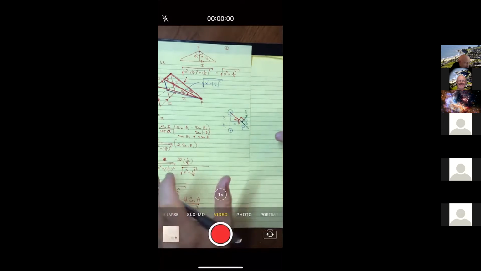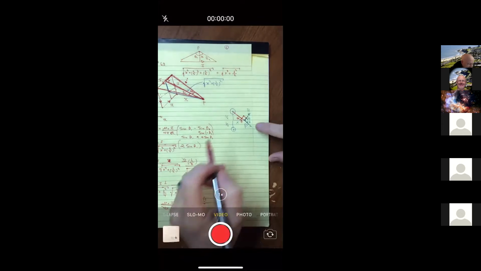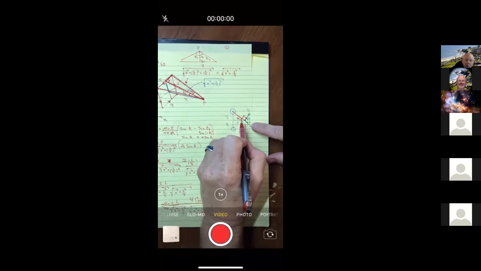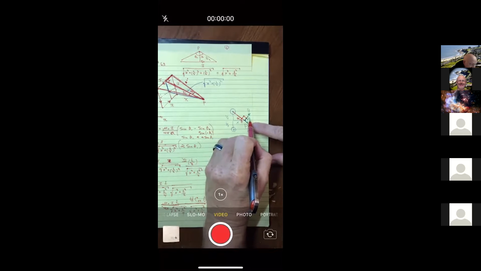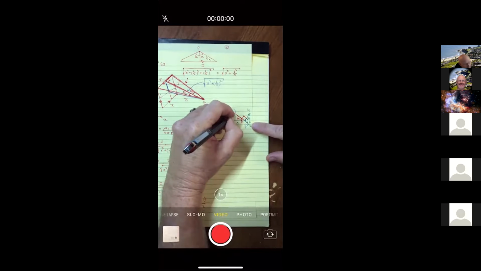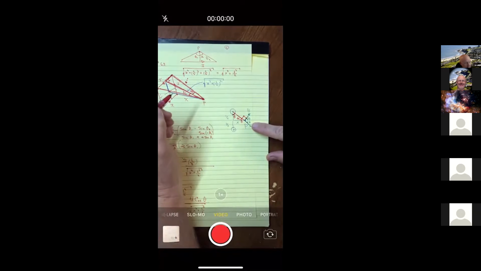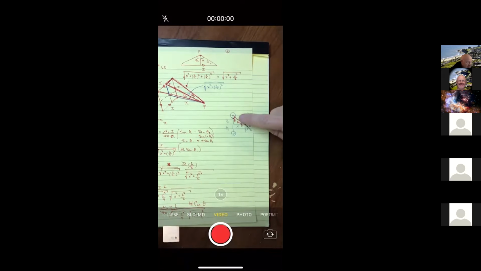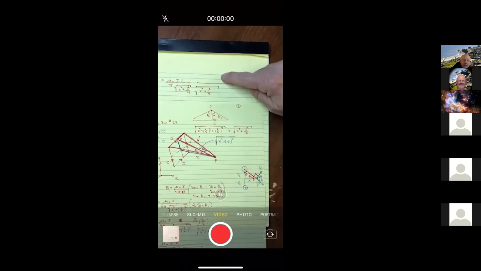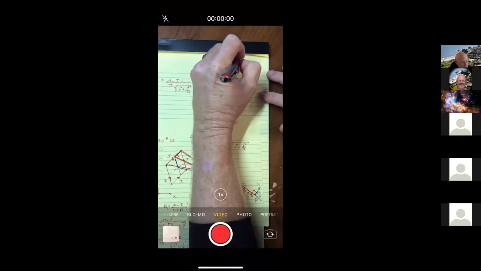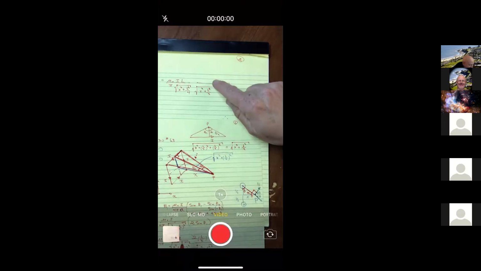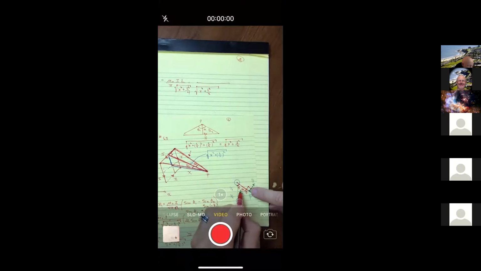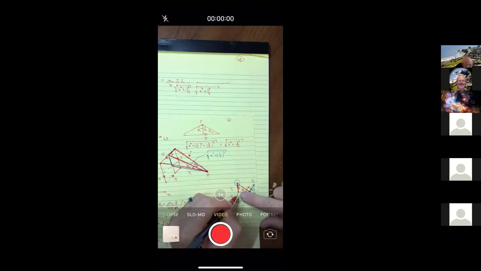Okay, so what I was trying to point out when I think it froze was these little triangles in here, that if this is theta, then this one is 90 minus theta, which makes this one up here a theta. So knowing that that one is the theta, and coming back to page 2, where I'm trying to write the cosine of theta, I can look at this and say cosine of theta would be adjacent over hypotenuse.